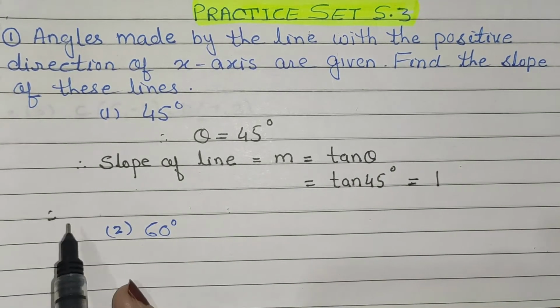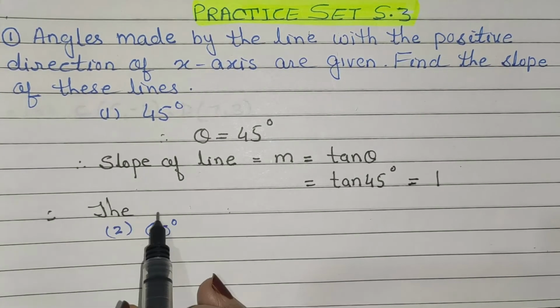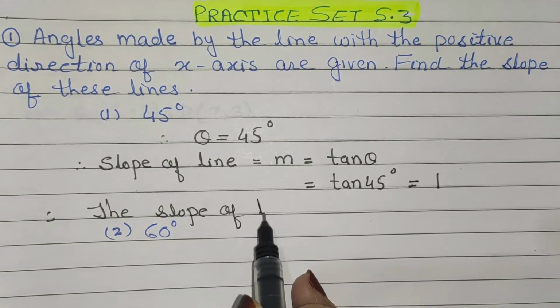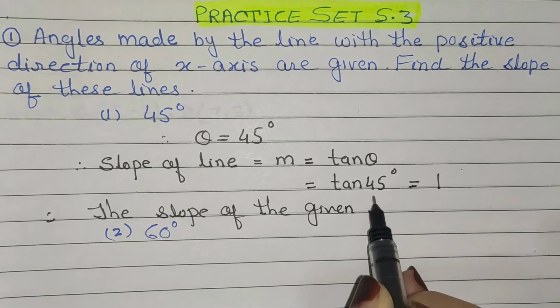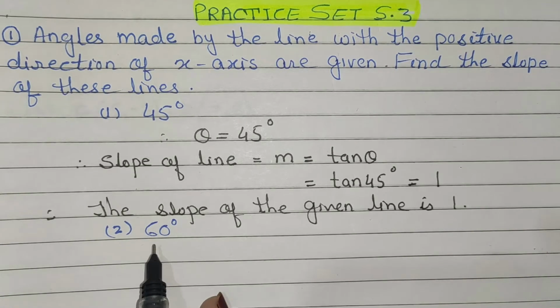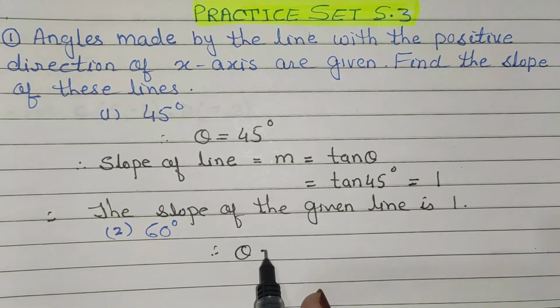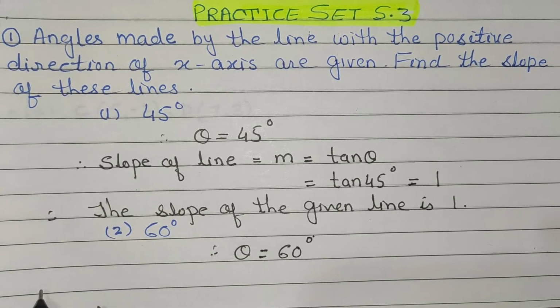Therefore, write down the answer. Slope of the given line is 1. Now look here, 60. Angle made by the line with the positive direction of x-axis is 60 here. Now it is the value of theta. Therefore, theta is equal to 60 degree.